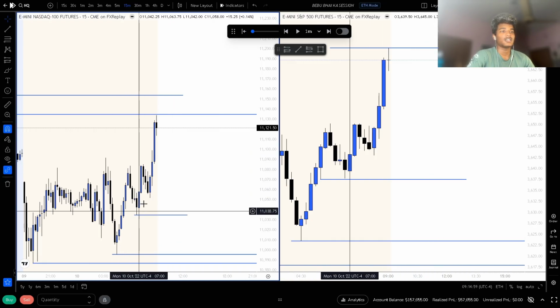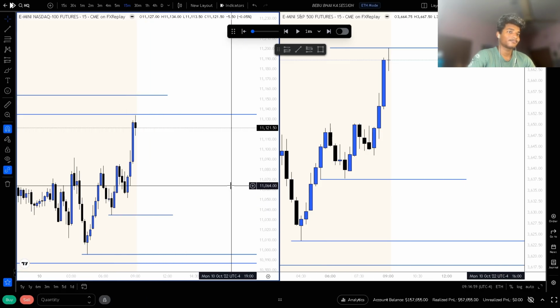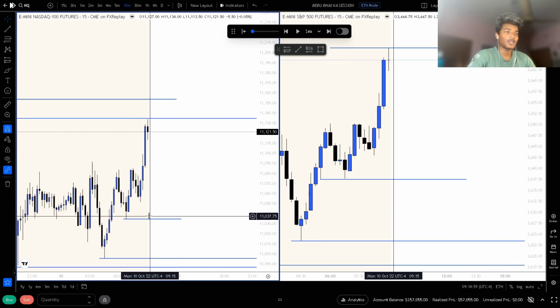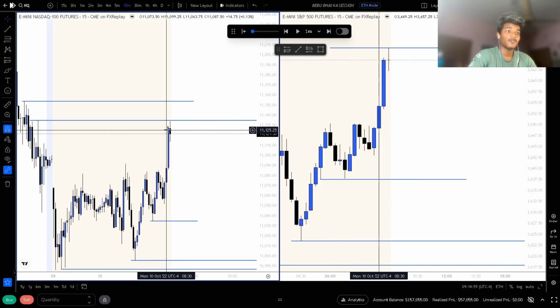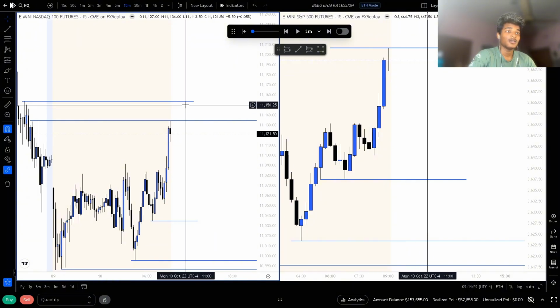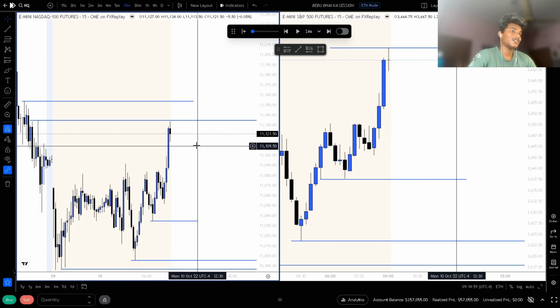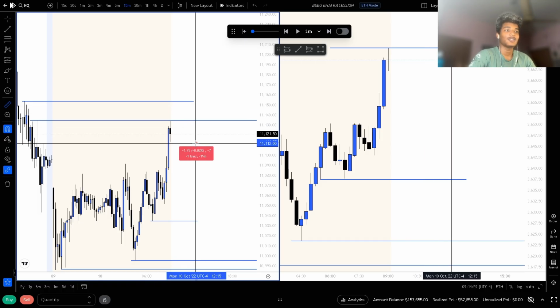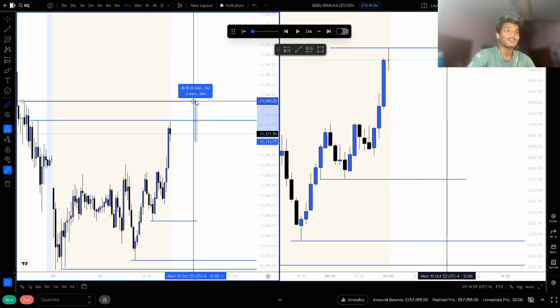You can see there are many gaps, so I am gonna target this. If we are gonna manipulate up higher, I want the market to tap this gap and then manipulate up higher.